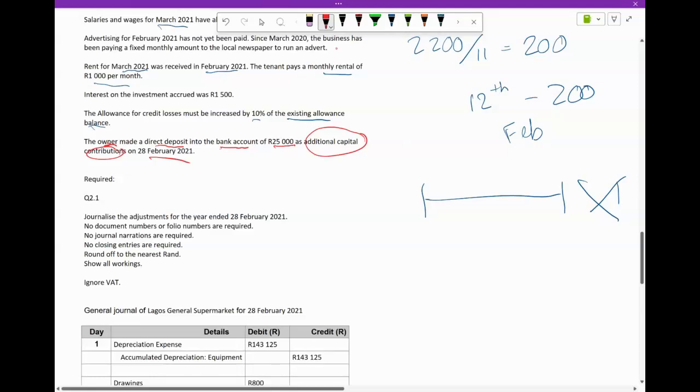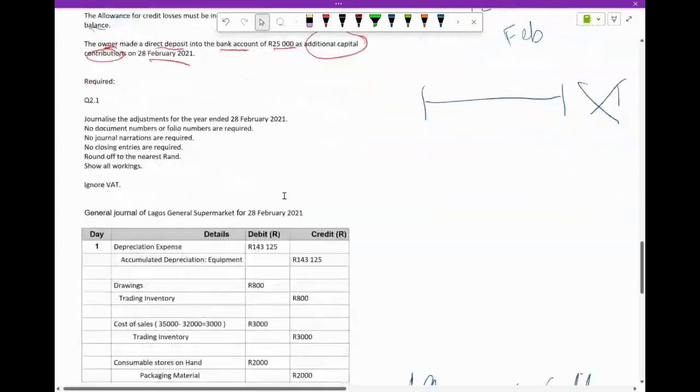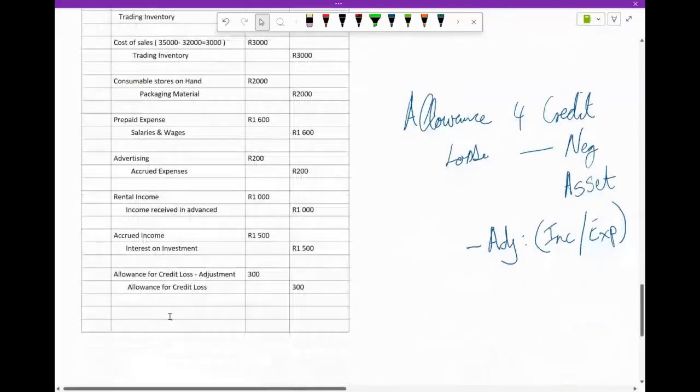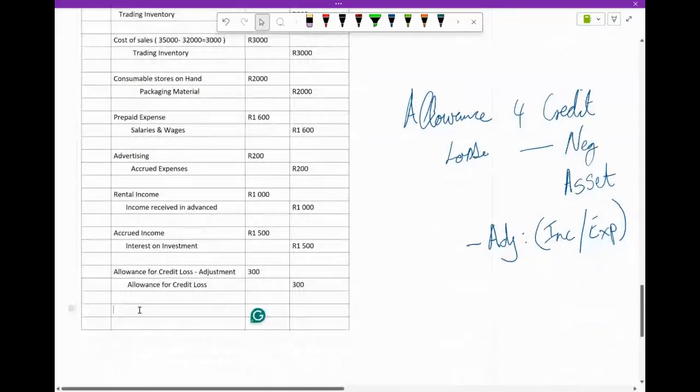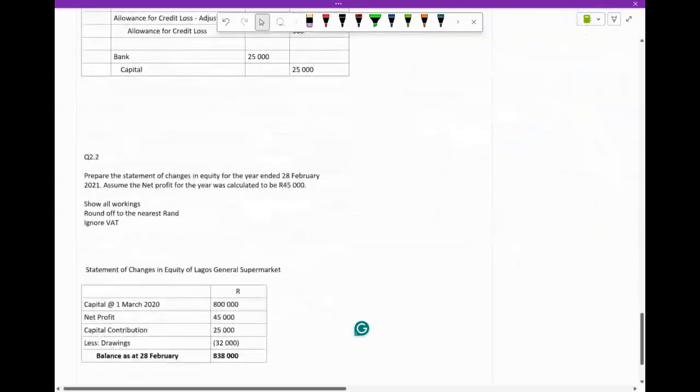So this obviously has not been recorded since it's part of additional information. So bank is obviously going to increase by 25,000. And finally, capital is also going to increase by 25,000. And you're done with your general journal adjustments.